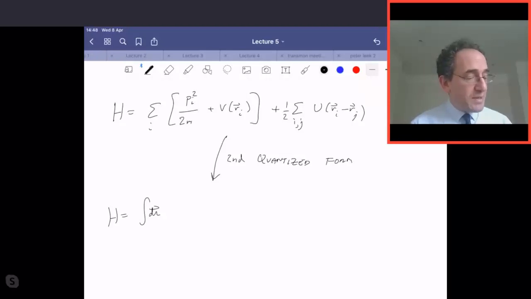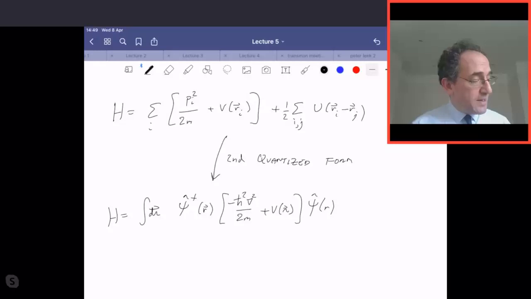So for example, this single particle operator here can be written as psi dagger hat, the creation operator at position R, times minus h bar squared del squared over 2m, that's the kinetic energy term, plus V of R, times psi hat of R. So this is exactly the same single particle Hamiltonian in between psi dagger and psi.